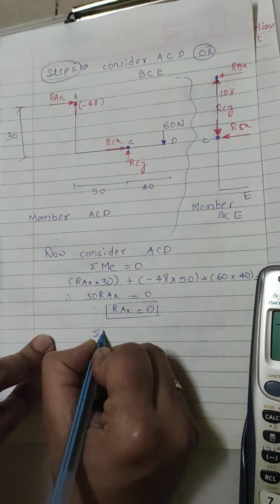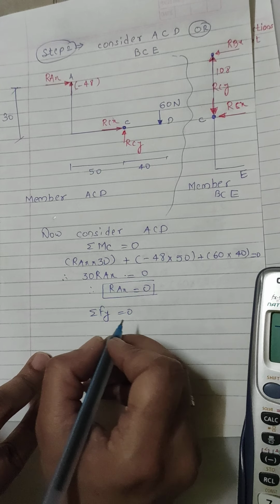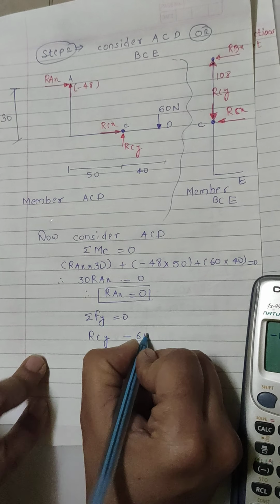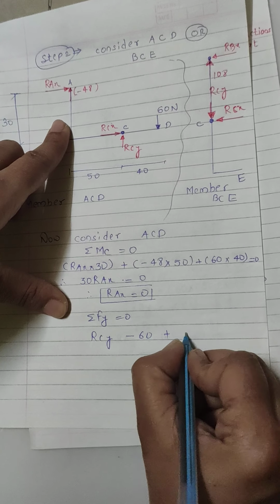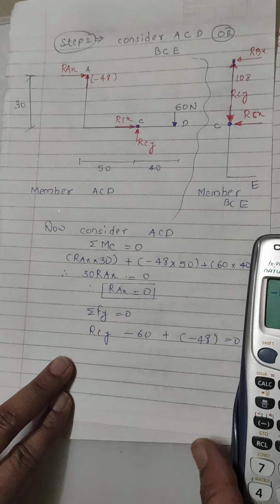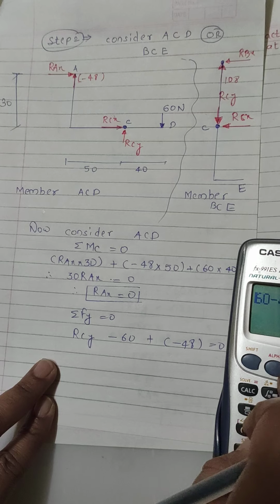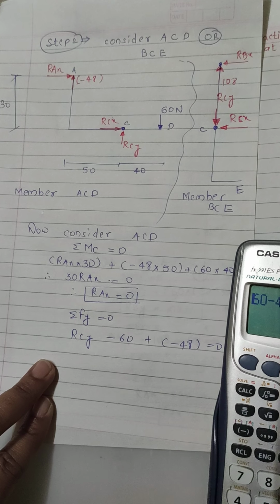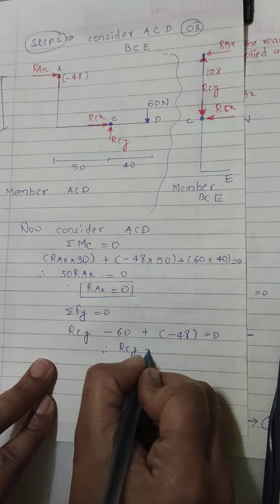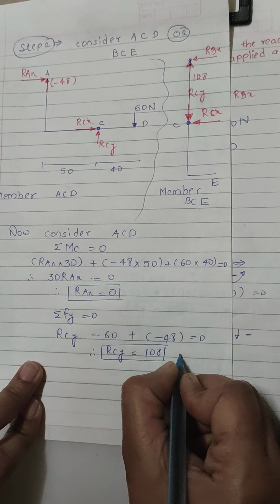Now summation Fy equals 0. RCY is acting upward, so plus, minus 60, and this 48 is acting in upward direction with minus sign. So therefore the value of RCY is 108, plus means assumption is correct.